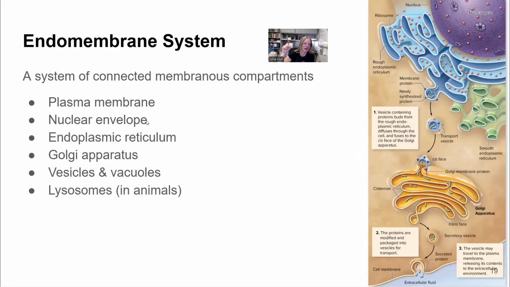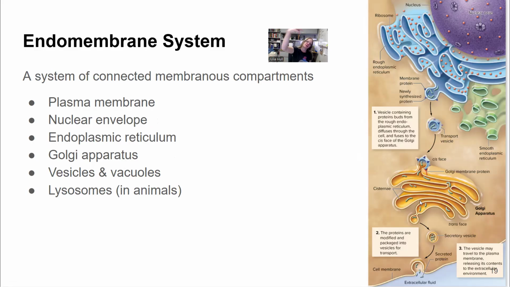The next thing on the list, the nuclear envelope, again, double phospholipid bilayer. We talked about that just a minute ago. Then we also have the endoplasmic reticulum. There's two flavors of that. There's the rough one and the smooth one. We'll get into the details of that. The next thing that we have is the Golgi apparatus. You can think of it as the Amazon packaging center.